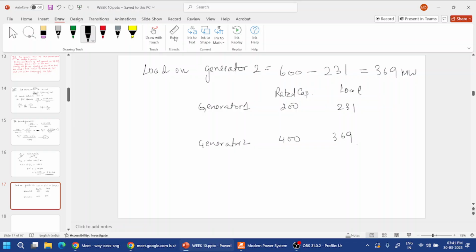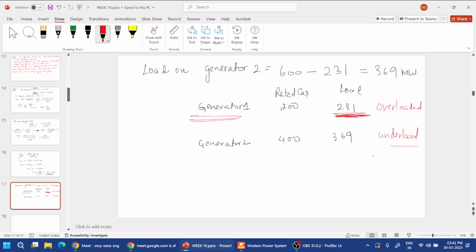So you can see here clearly that generator 1 is overloaded and generator 2 is underloaded. So it is not a desired result, because generator 1 will always be overloaded.